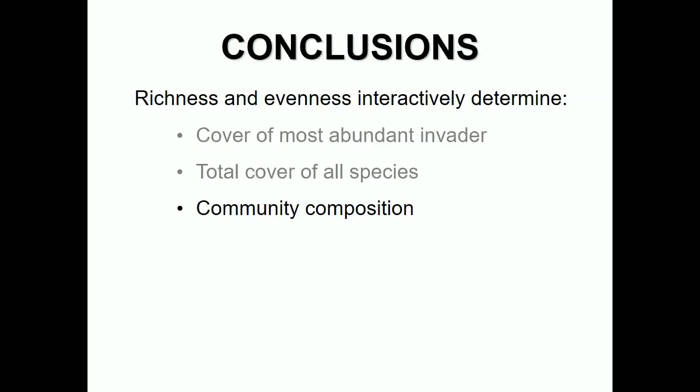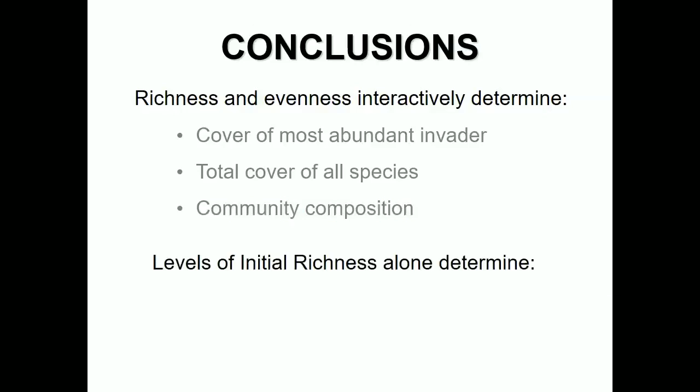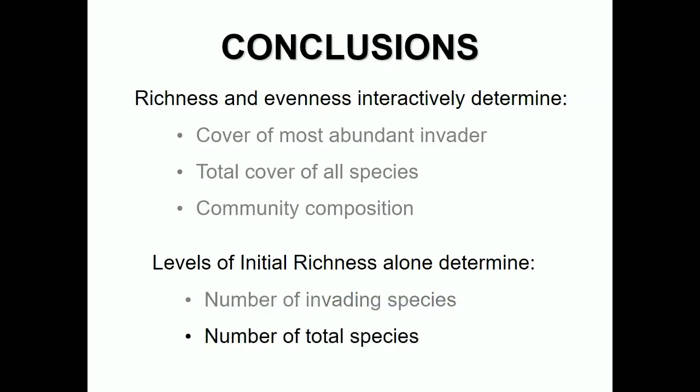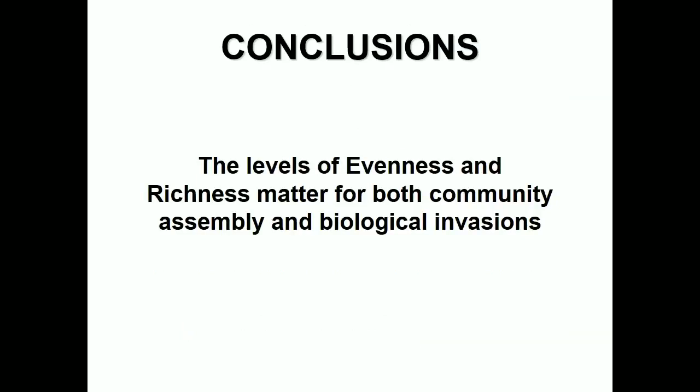We saw an interaction with richness and evenness. And richness alone determined the number of invading species, as well as the total number of species. So just in conclusion, we found that the levels of richness and evenness matter for both community assembly and biological invasions.